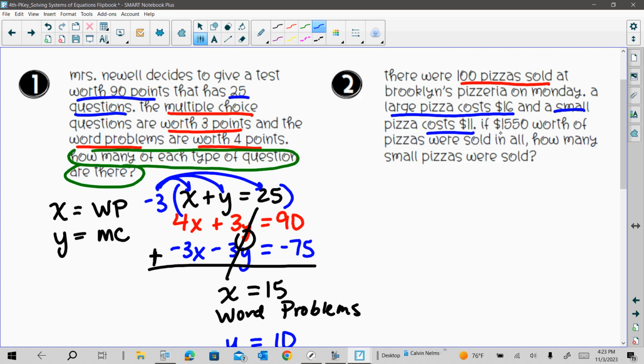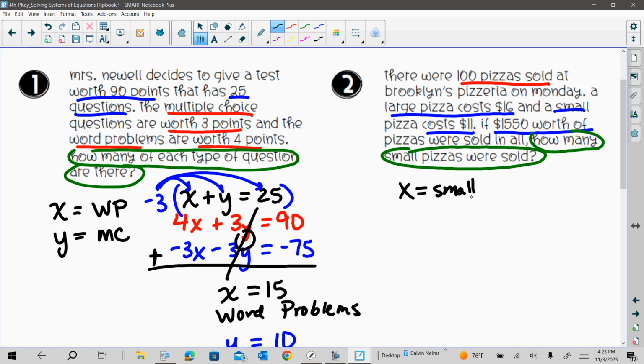If $1,550 worth of pizzas were sold, how many small? Okay, so our question is we're trying to figure out how many small pizzas were sold. So we're going to define our X and Y with the size of pizzas. I'm going to let X be my small pizzas and my Y be my large.